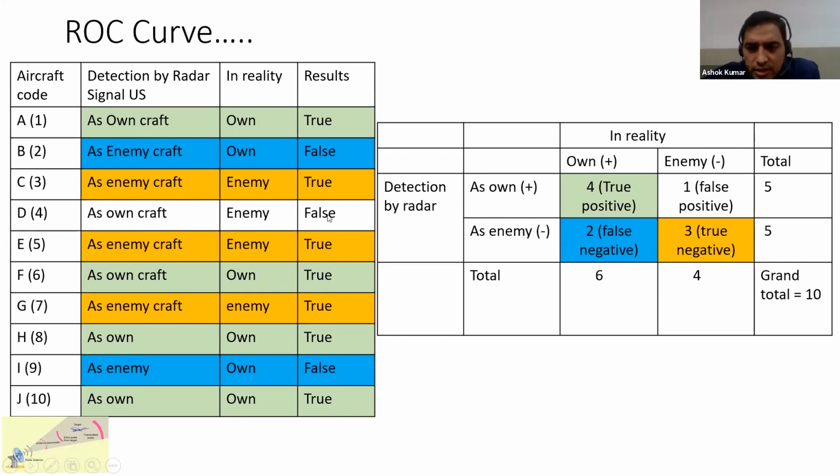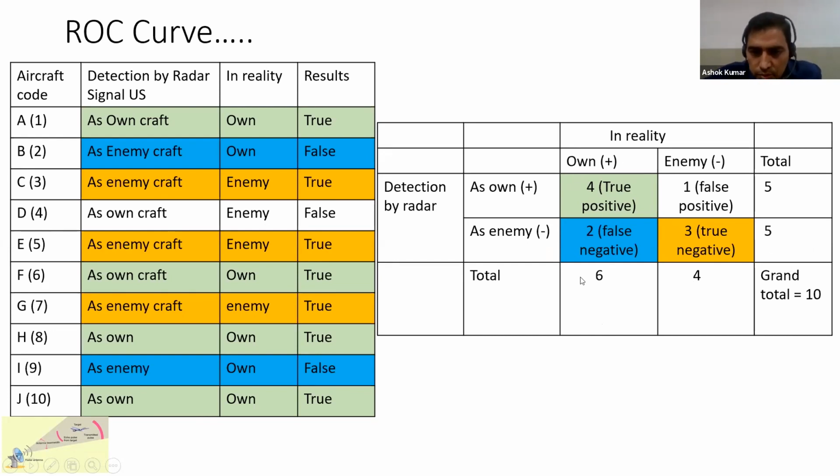So we make this 2 by 2 table, and we get some ideas. In reality there are 6 allies and 4 enemies, and the total detected by radar as ally is 5 and as enemy is 5, and the grand total is 10.